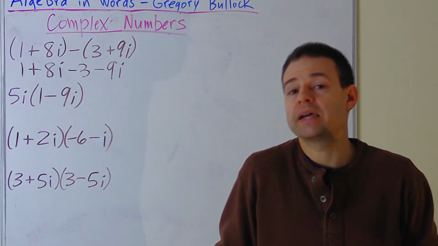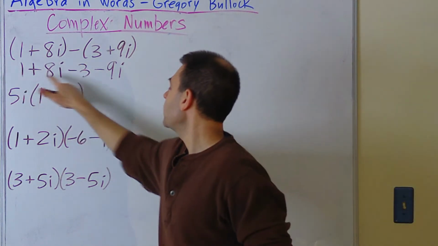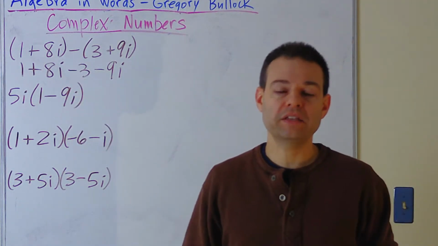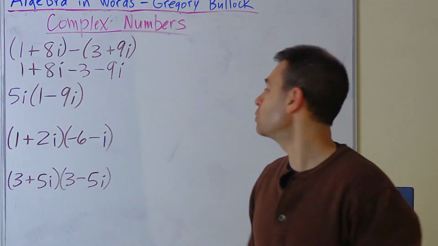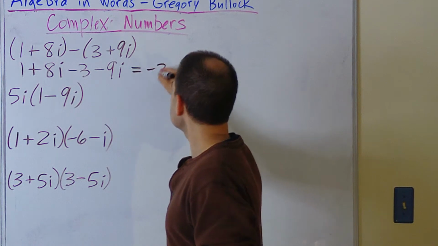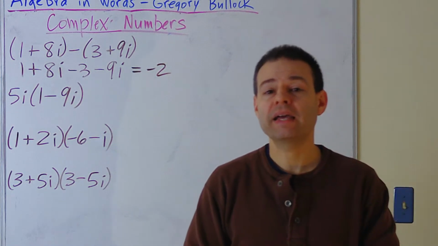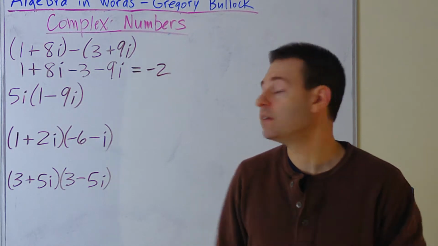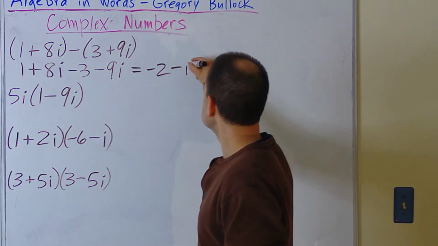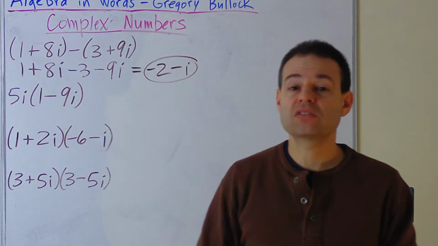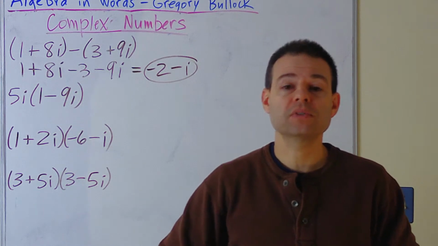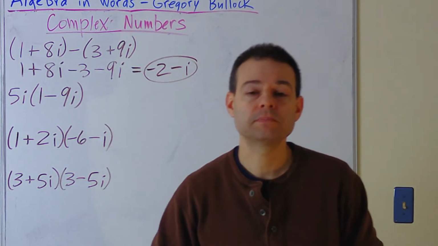It's just that it's an i. So 1 and negative 3 are like terms. That makes negative 2. And 8i minus 9i equals negative i. And that's all there is to it. Just combine like terms and treat i like any variable.